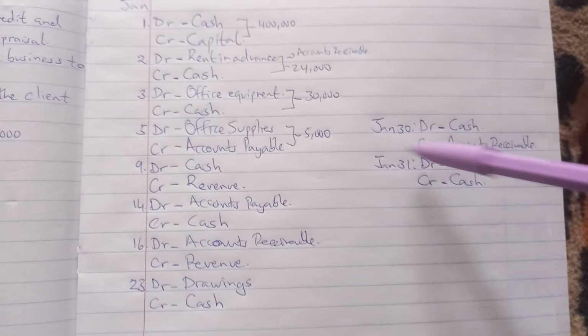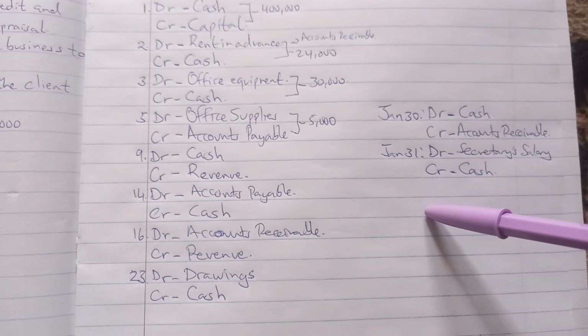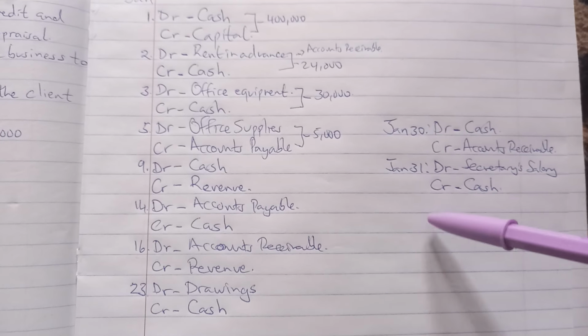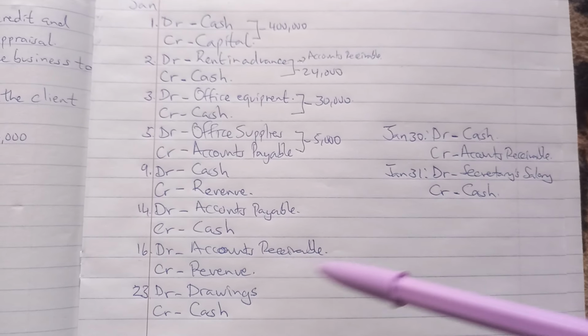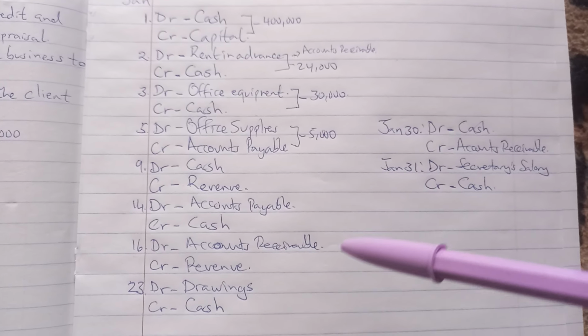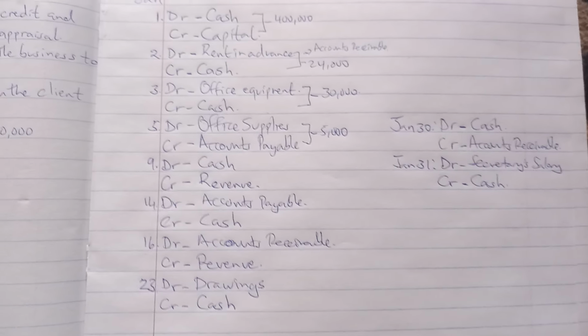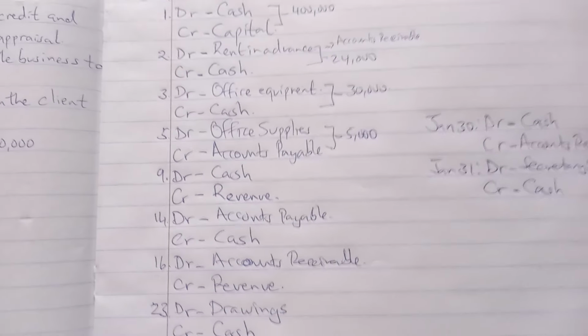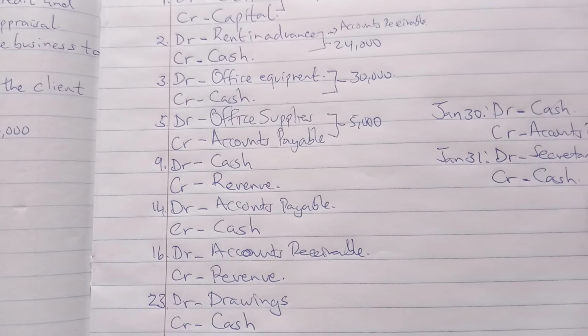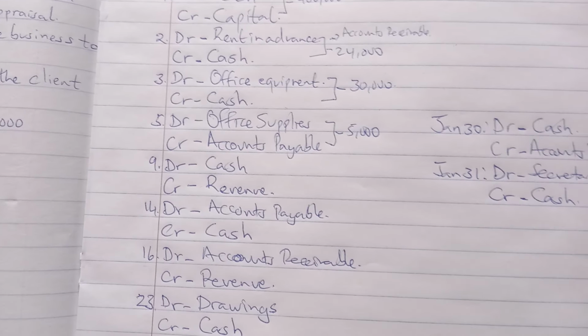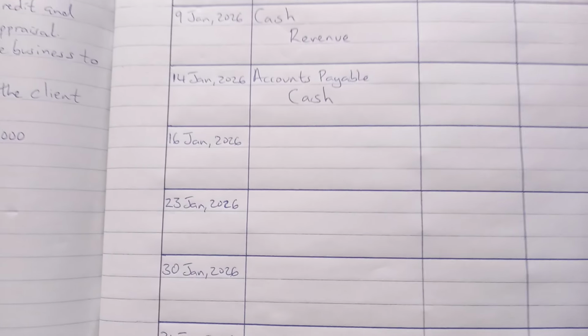Can I call them accounting words? Yeah. Okay. So now this is a rough format on how you write a journal. But now a professional way for writing a journal is a table format. And that table format is this one.